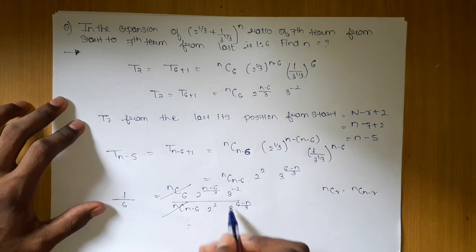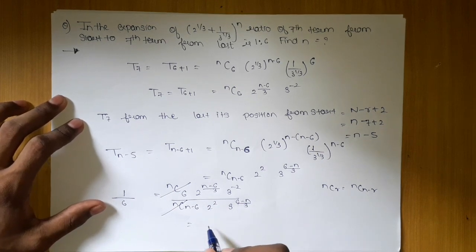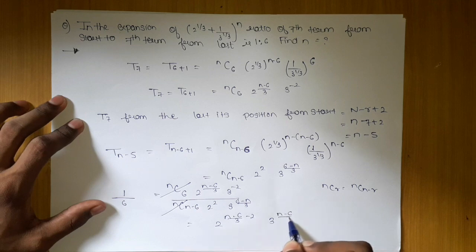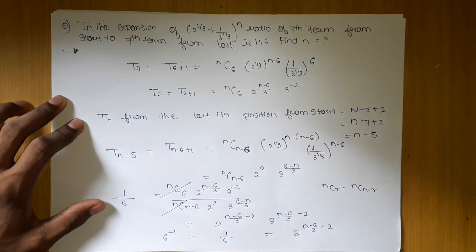If you try to simplify this, what you are going to get is 2^((n-6)/3 - 2) and 3^((n-6)/3 - 2). You can see both of them have the same power, so they can get multiplied. So this is nothing but 6^((n-6)/3 - 2), and this is 1 by 6; if I move it up, this is 6 to the power minus 1.